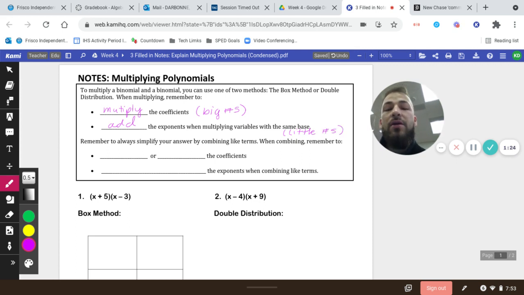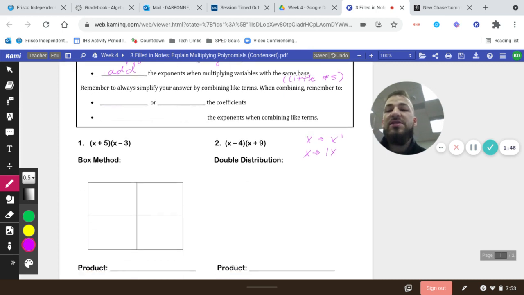As a reminder, x is the same as x to the first, just like x is the same as 1x. So our exponents on our single x's are actually x to the first. We just don't write the 1, just like we don't write the 1 in front when we're multiplying as well.